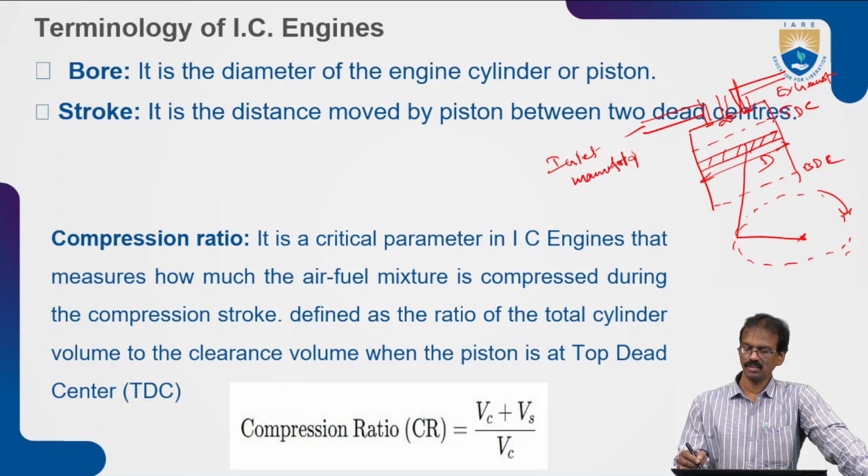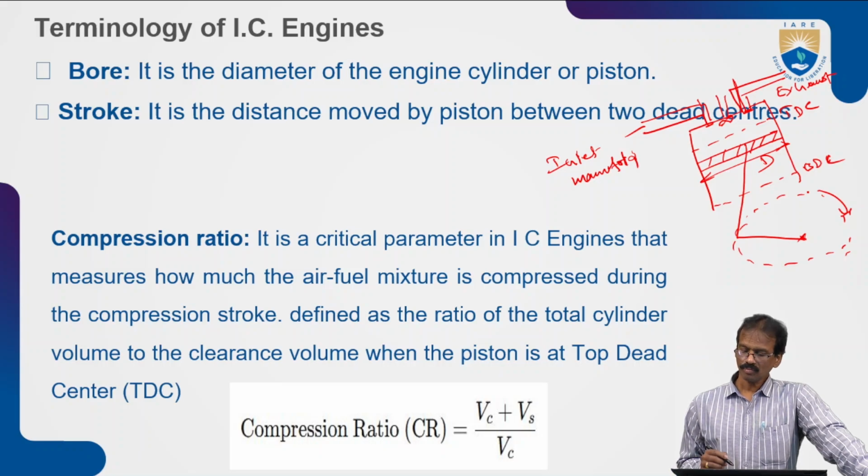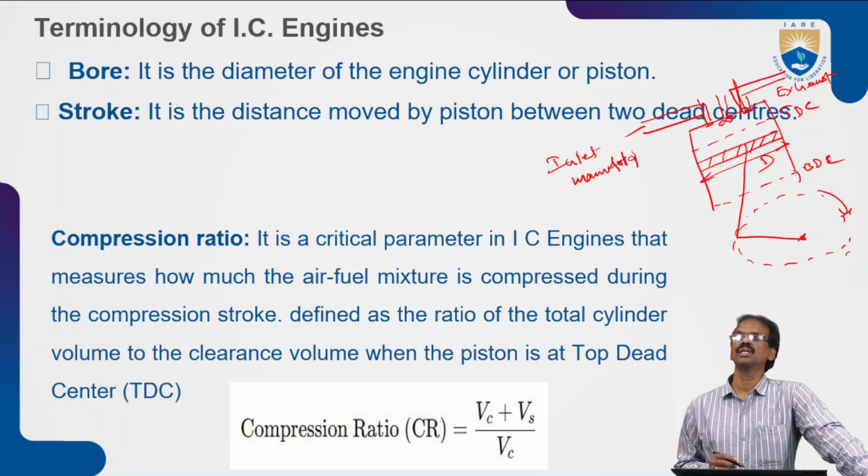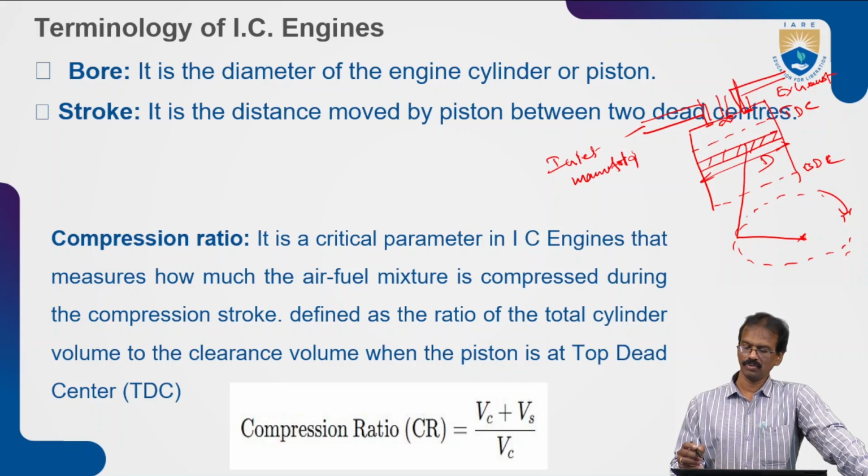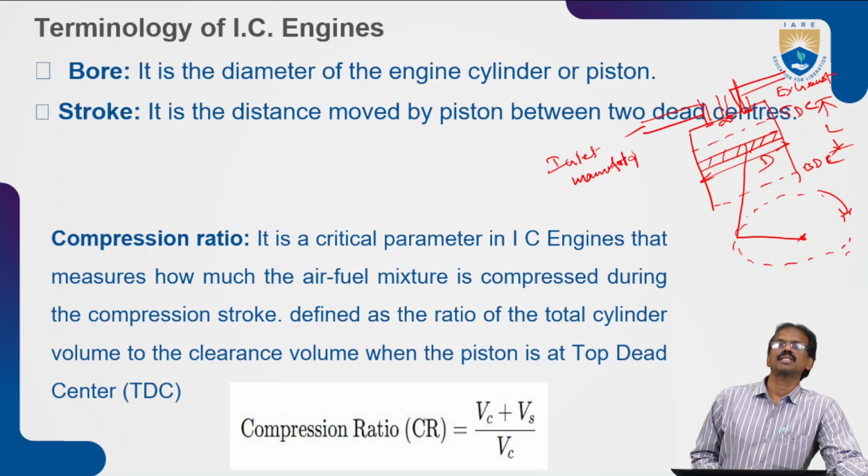The dead center is the point beyond which the piston will not move upward, or beyond which the piston will not move downward. So these are the dead centers for the piston. Between these two, the piston will reciprocate. The distance between top dead center and bottom dead center is nothing but the stroke. It is represented by L.